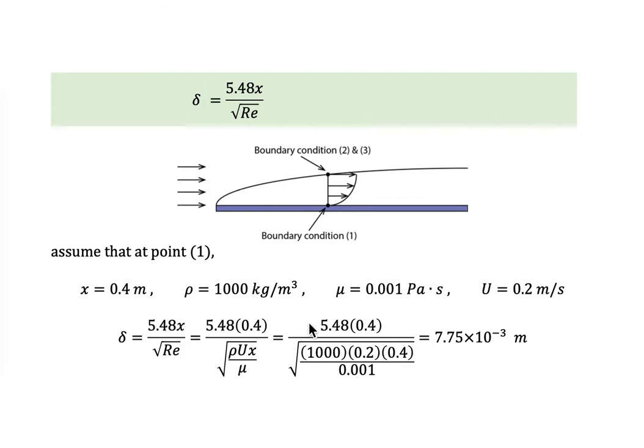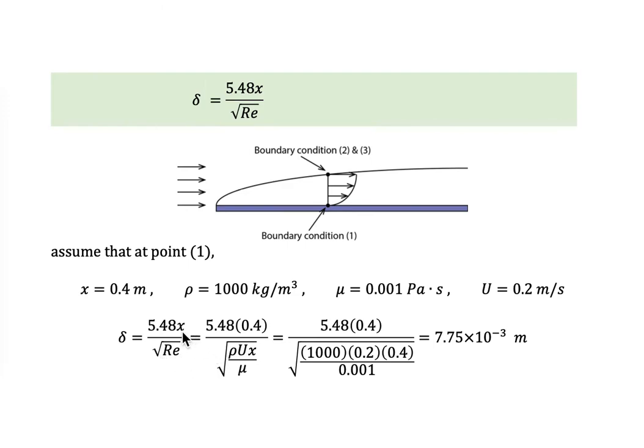We use all of these data and substitute into this equation. We know that delta is equal to 5.48x over root Reynolds number.